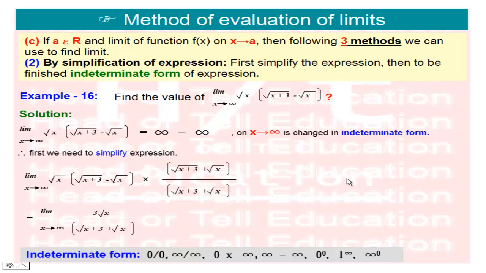Now we take common root x from the bottom side, so we have the expression 3 root x divided by root x times (1 plus 3 by x, plus 1). Cancel the root x, and 3 by x goes to 0. So here we have the answer 3 by 2.